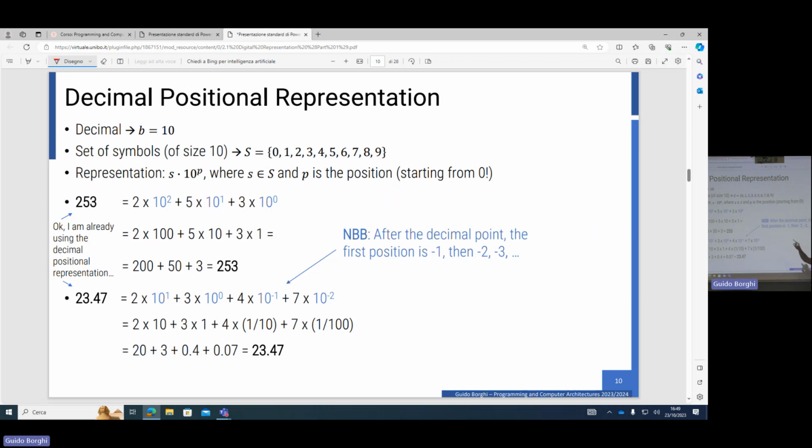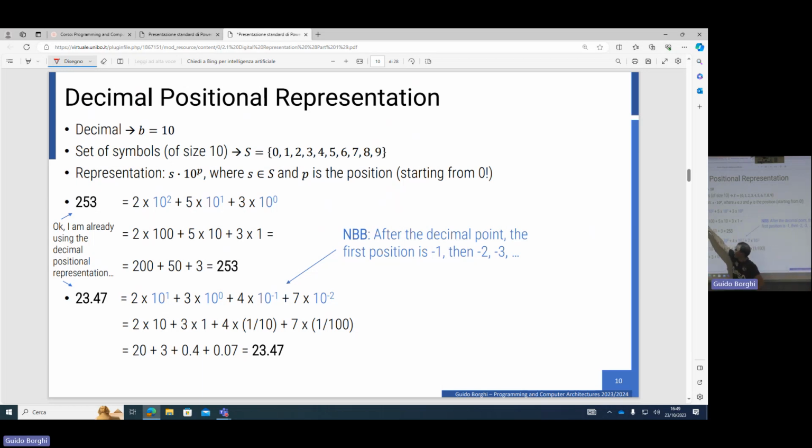Decimal, since the base is equal to 10, we have 10 different symbols. What are these symbols? The Arab digits, 0, 1, 2, 3, 4, 5, 6, 7, 8, 9. From 0 to 9, we have 10 different symbols. So the representation is S, the symbol that we want to use, times 10, the base, to the position. That's all.